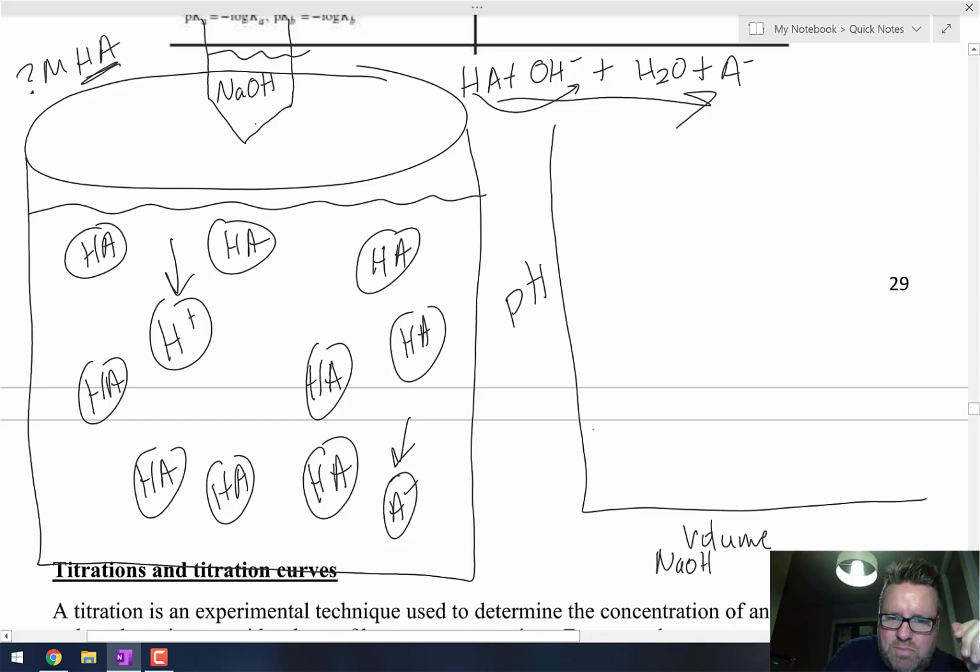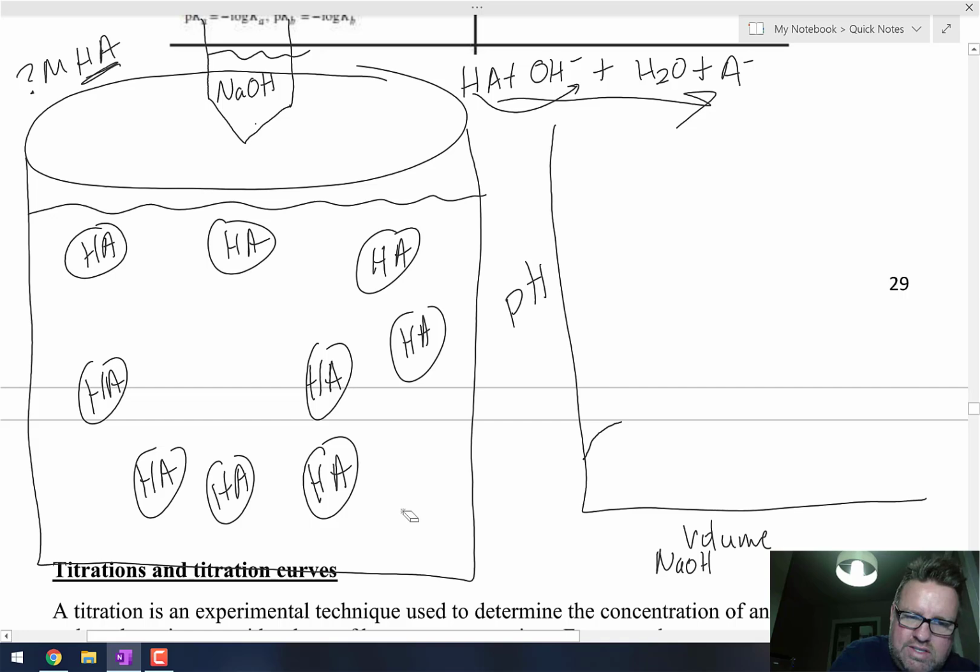What happens with the pH is right away it immediately starts to go up, but then it kind of flattens out a little bit. We're going to get into a lot more detail about this flat region. But anytime you have a weak acid, strong base titration, the reason that it jumps up and then kind of flattens out is because the sodium hydroxide comes in and starts to get rid of the H pluses and the A minuses.